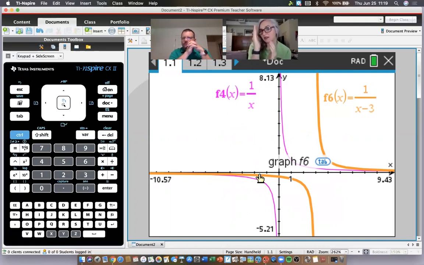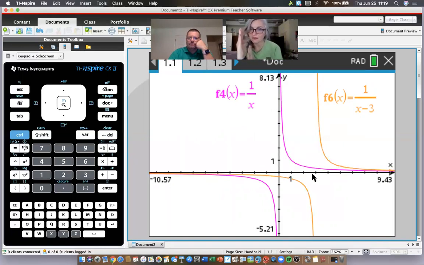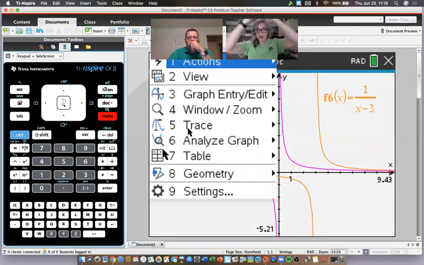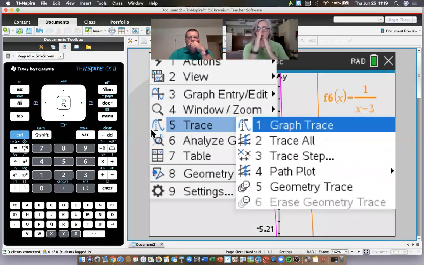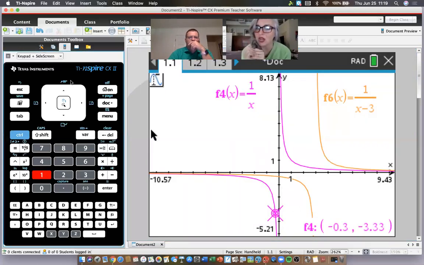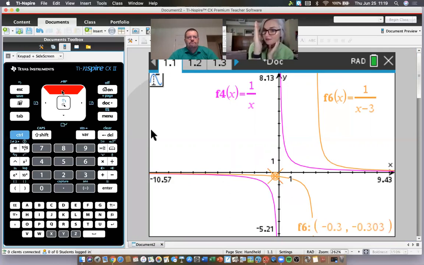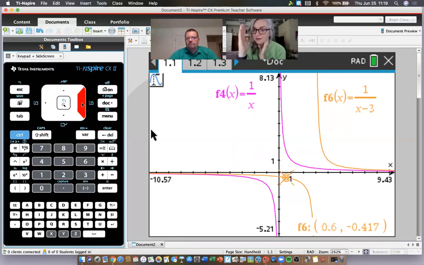So you took that vertical asymptote that was at 0 and it shifts with the graph, right? If I moved it up or down, that wouldn't shift that asymptote. But because I'm shifting it left and right, the restriction at 0 gets shifted.